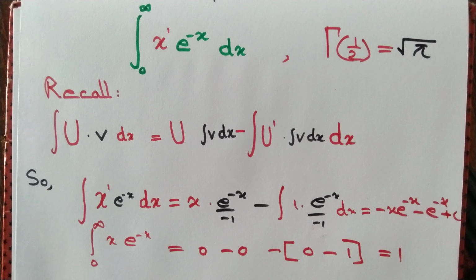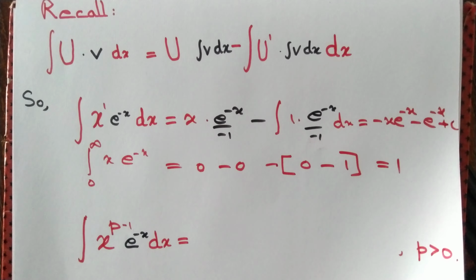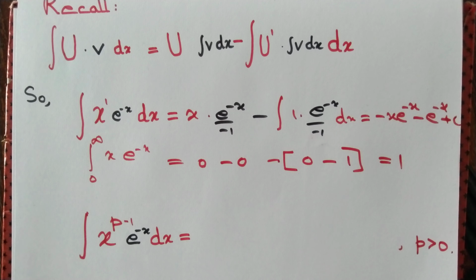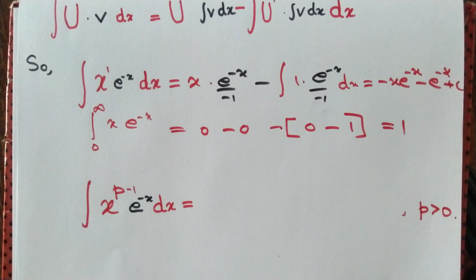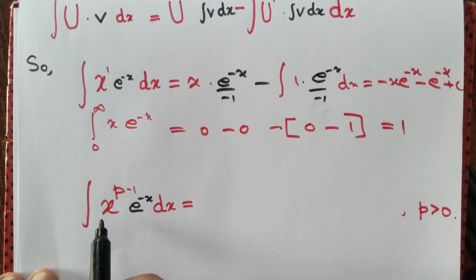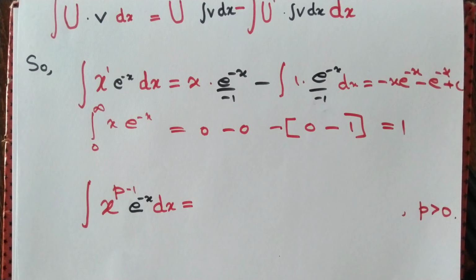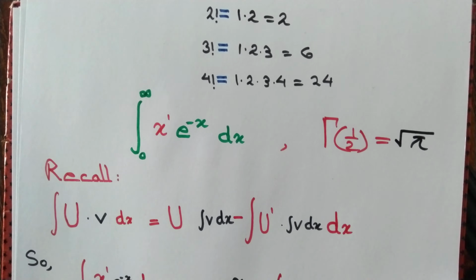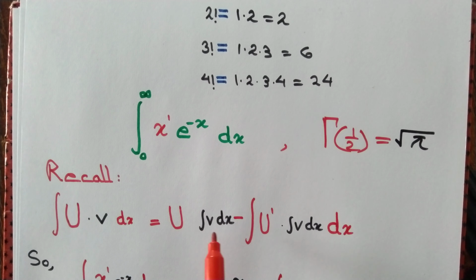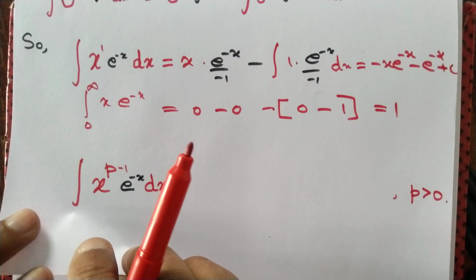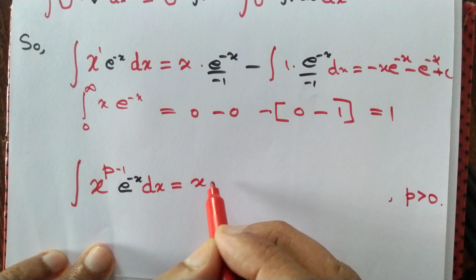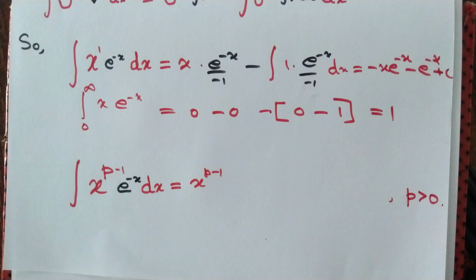So far so good. Now, as we said earlier, somehow we want to get the notion of factorials. Let us apply integration by parts to evaluate the integral of x to the power p minus 1 times e to the power minus x dx. We have integration by parts: first times the integral of second. First is x to the power p minus 1 times the integral of second.